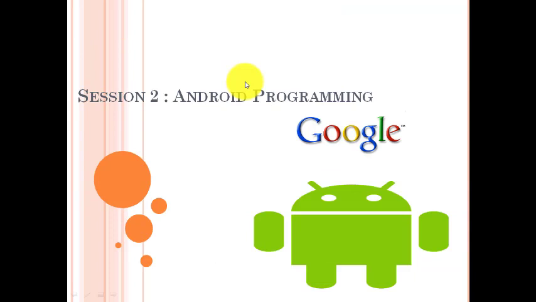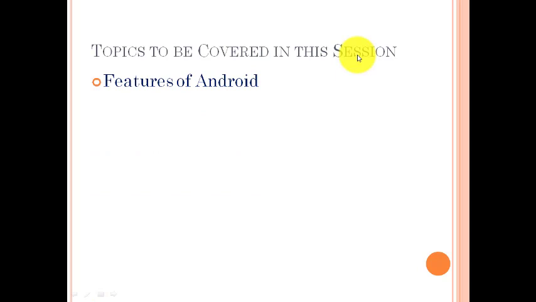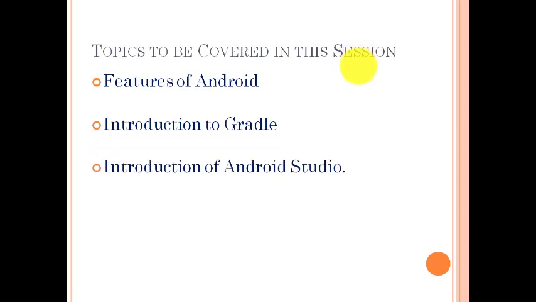Welcome to the second session of Android programming. In this session, the topics to be covered are: first, features of Android; second, the introduction of Gradle; third, the introduction of Android Studio.